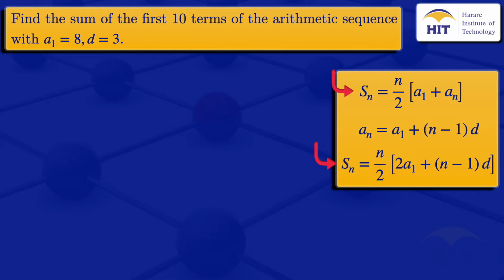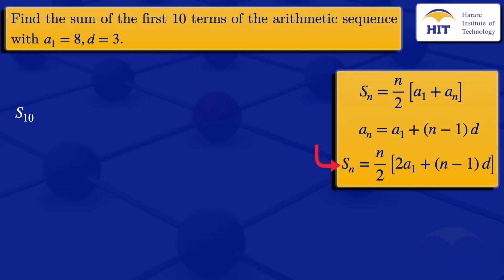So these two formulas both give us the sum of the first n terms. The result will be the same, but you choose the one that is convenient for the given problem. In this case, we are asked to find the sum of the first 10 terms, so we are looking at S10, and I'm going to use this formula.